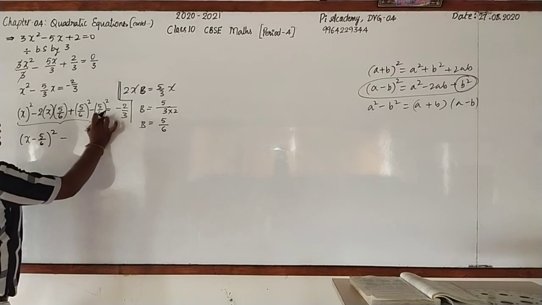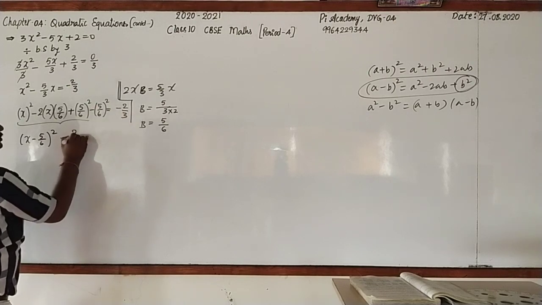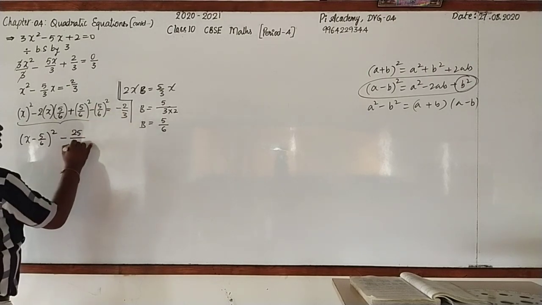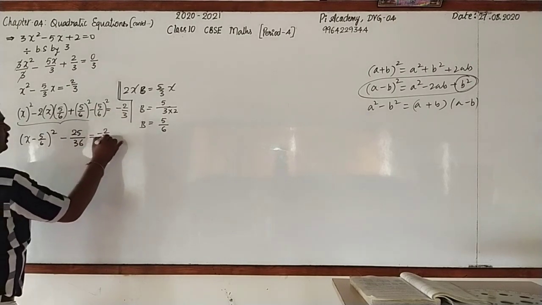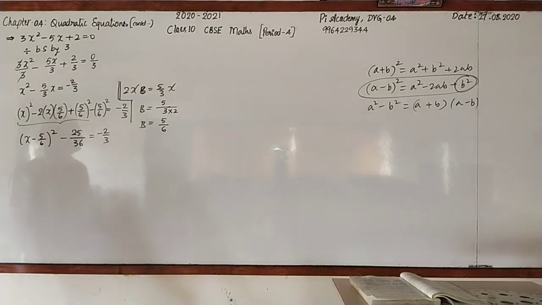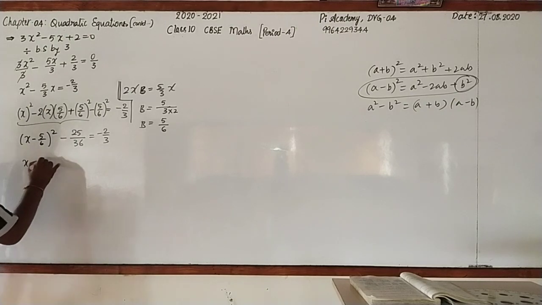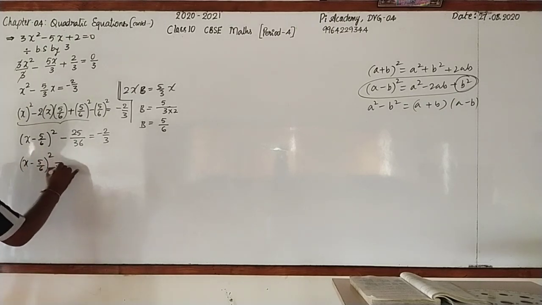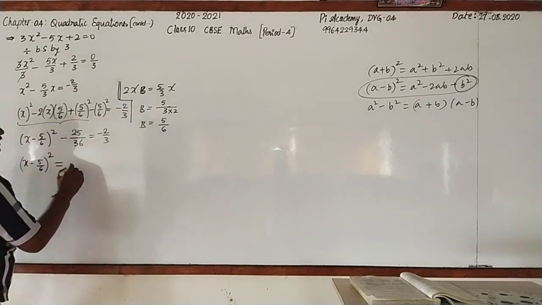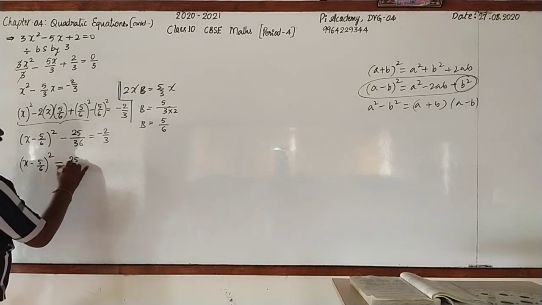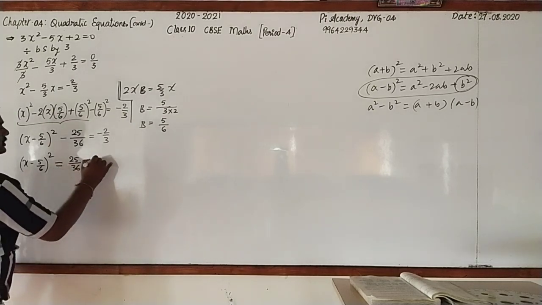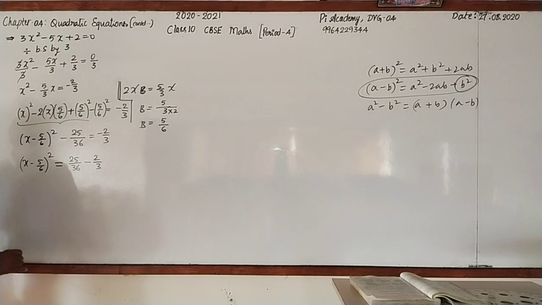Apply square to both the terms. 5 square is 25, 6 square is 36, is equal to minus 2 by 3. Understood? Next, this is x minus 5 by 6 whole square is equal to, transfer this to the right hand side, becomes 25 by 36 on RHS, 2 by 3 as it is.